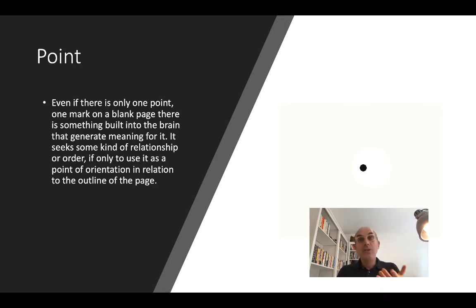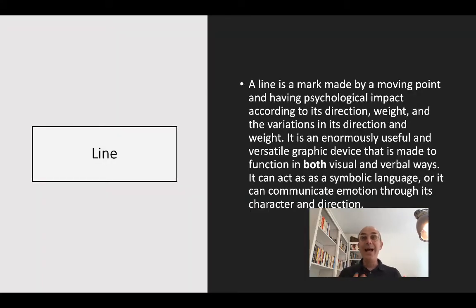A line, on the other hand, is made by moving the point and having some impact on its direction. So it's not only a single point, it is a line that allows us to make more representation of the data that can be communicated through emotion, character and directions. And this is something that we will see along many examples.